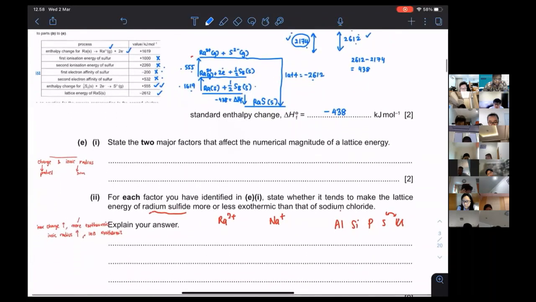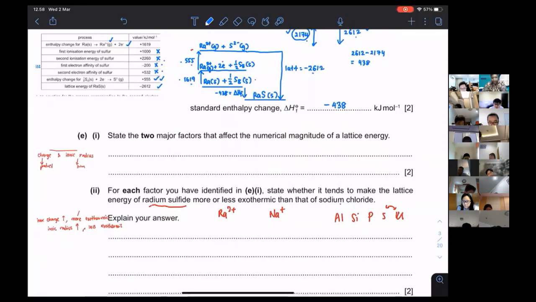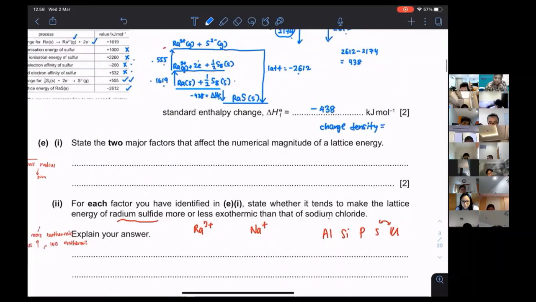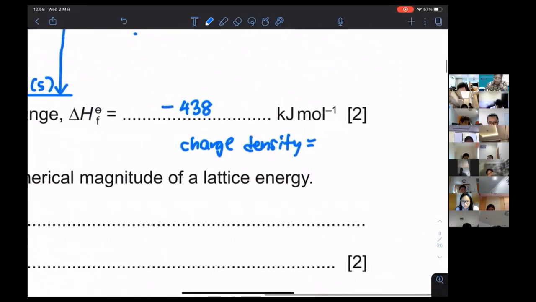Now the next question is: state the two major factors that affect the numerical magnitude of lattice energy. Lattice energy, please remember, depends on your charge density. So what is charge density? We never went into detail about this, but I think it's important.